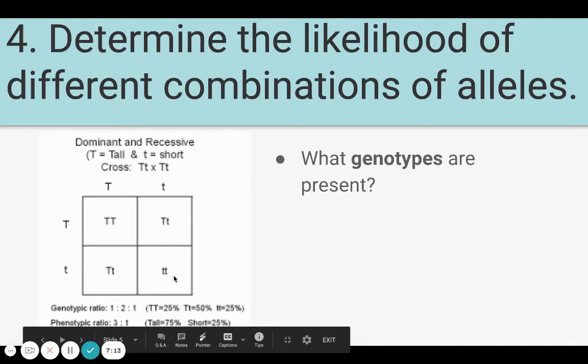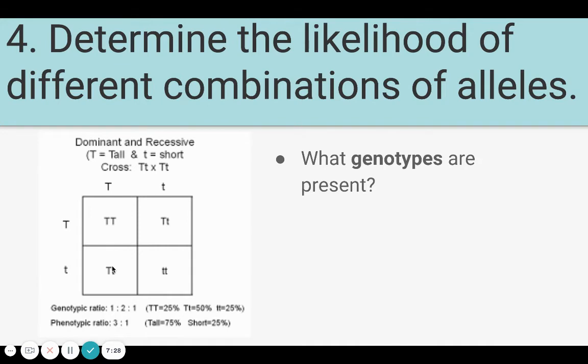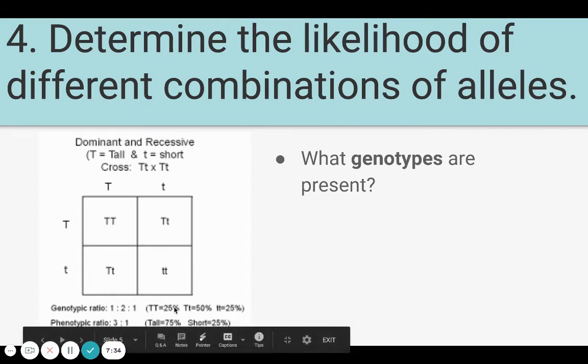If you divide 100 by 4, that's 25. So each of these boxes represents 25%. You could also think of it like a dollar. 4 quarters make up a dollar, right? So for uppercase T, they have 25%. There's only one box that has that genotype, so that's 25%.